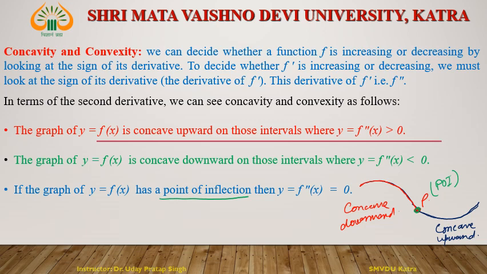Now, y is equal to f(x), this is the curve, and evaluate the double derivative at the point. If at that point the double derivative is greater than 0, then it is concave upward.